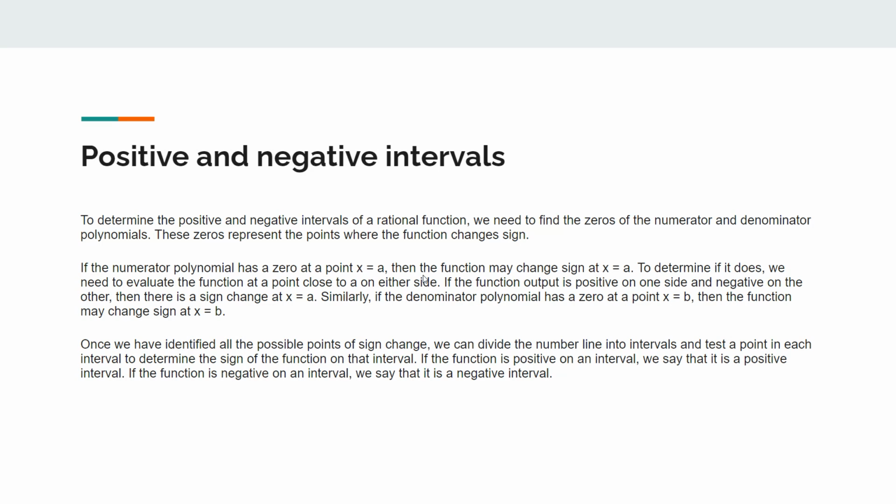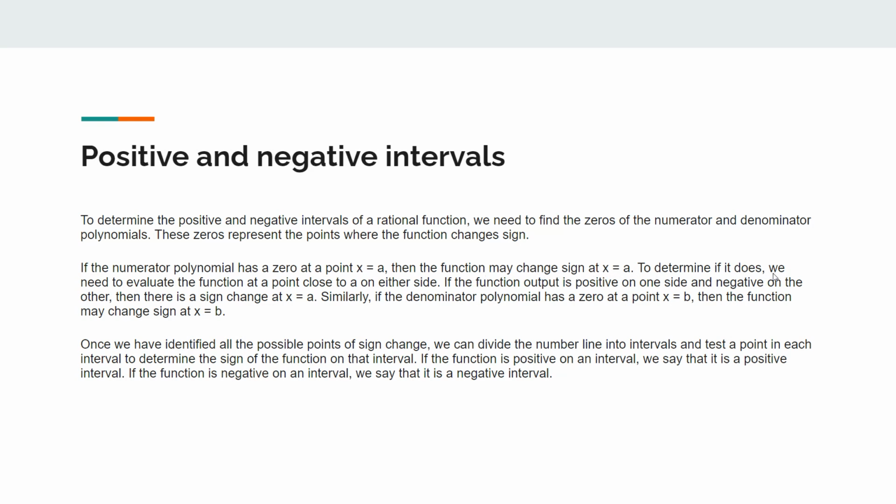Positive and negative intervals. To determine the positive and negative intervals of a rational function, we need to find the zeros of the numerator and denominator polynomials. These zeros represent the points where the function changes sign. If the numerator polynomial has a 0 at a point x equals a, then the function may change sign at x equals a.